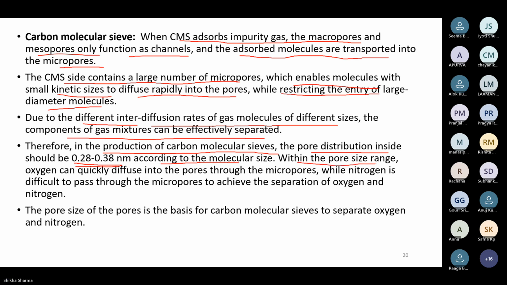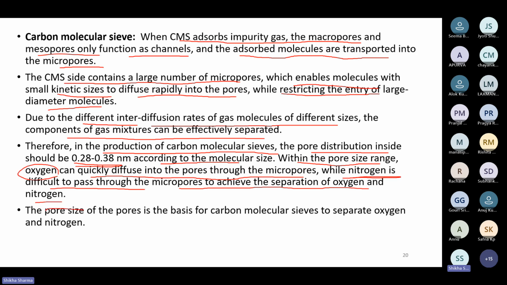Within this pore size range, the oxygen molecule can quickly diffuse into the pores through the micropores, while the nitrogen molecule, having a large size, has difficulty passing through the micropores, achieving the separation of oxygen and nitrogen.